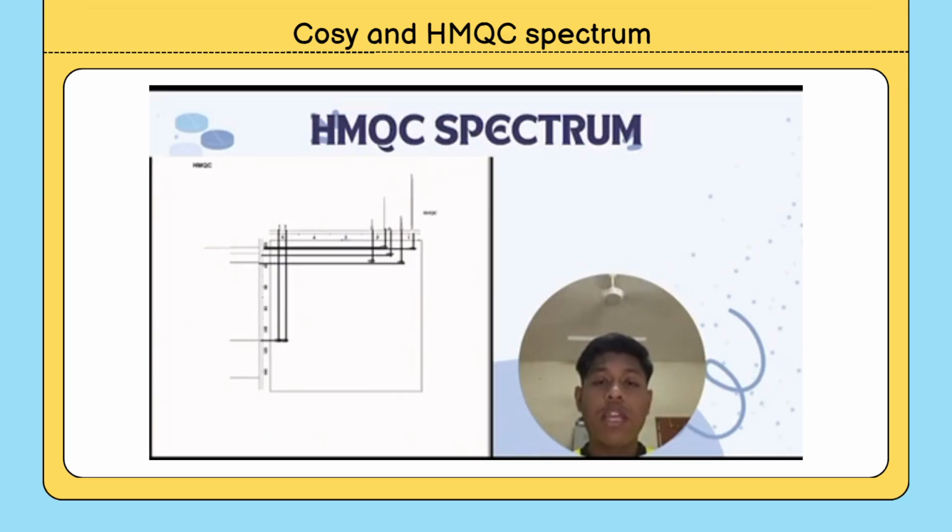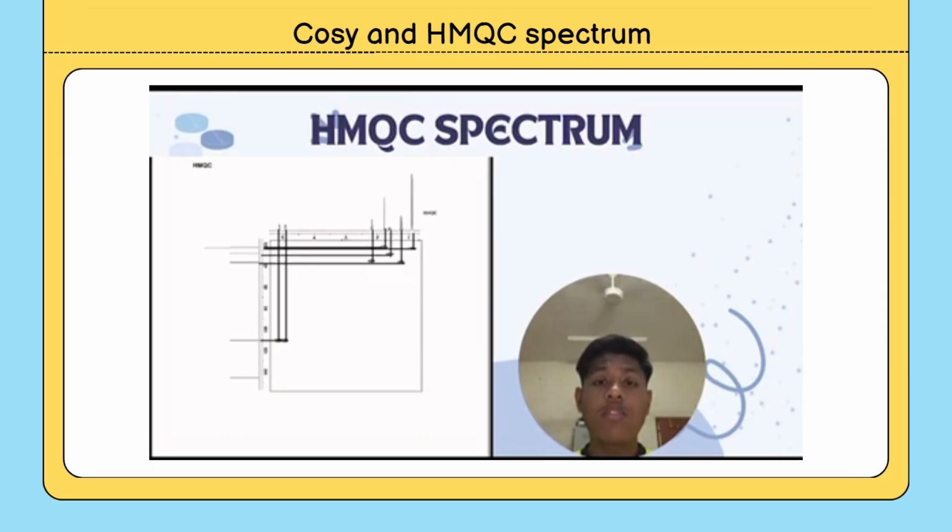Meanwhile, protons at 2 to 3 ppm correlate with carbons between 30 and 50 ppm, indicating methylene or methine groups. And finally, there's a distinct peak pairing protons at 4.5 ppm with carbons at 60 to 70 ppm, which strongly suggests a CH2O linkage consistent with an ether or alcohol.